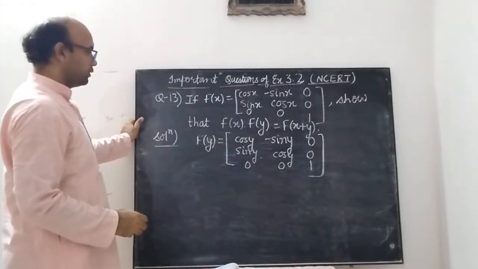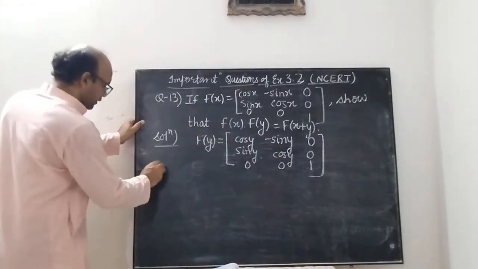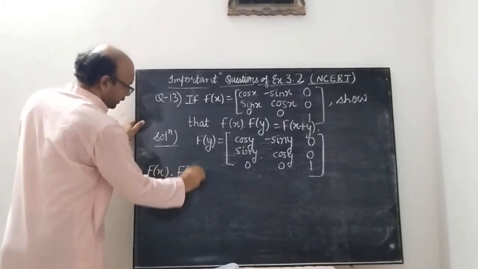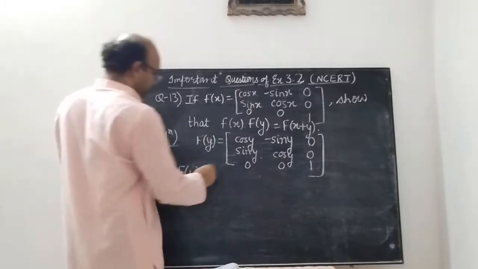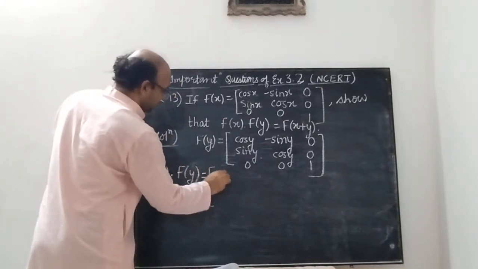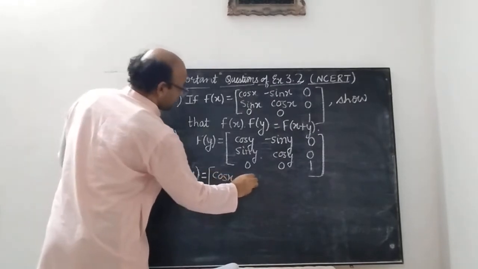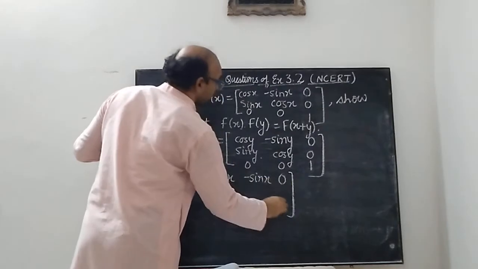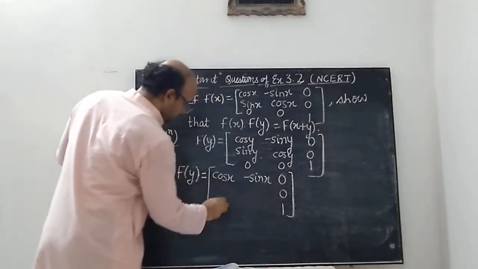Now we take the product f(x) into f(y). So what we have is cos x, minus sin x, 0, sin x, cos x, 0, 0, 0, 1.